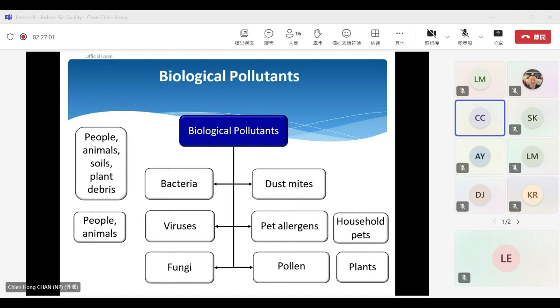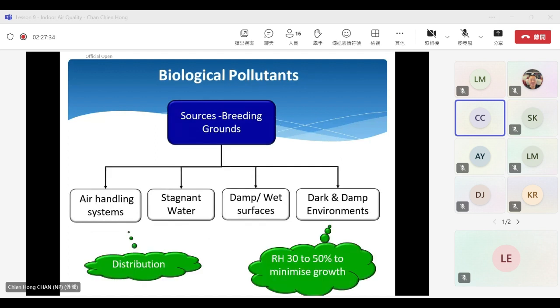So when we bring them back to our home, into our office, they stay and continue to grow in our living environment. So what can we do about them? Since it's part of human activities, we cannot totally stop them. But we have to find ways to counter their effect, or at least mitigate the effects.